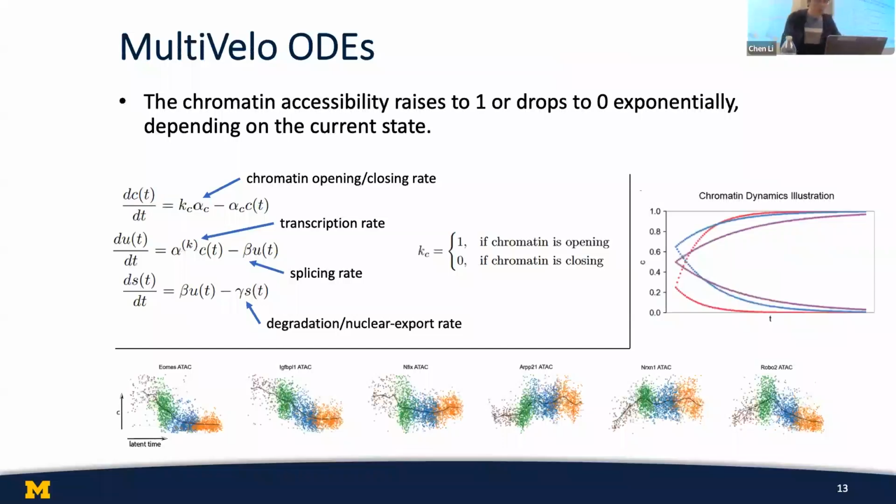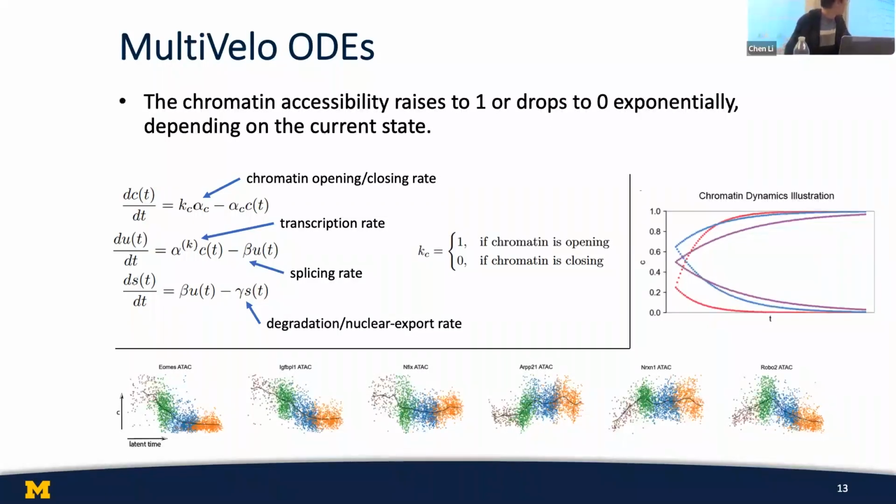Let's look closely at the new equation. This time, dc over dt is defined as Kc minus alpha c times c. Kc is a chromatin state indicator. It is a 1 for the chromatin opening state and a 0 for the chromatin closing state. Alpha c is the chromatin opening or closing rate.